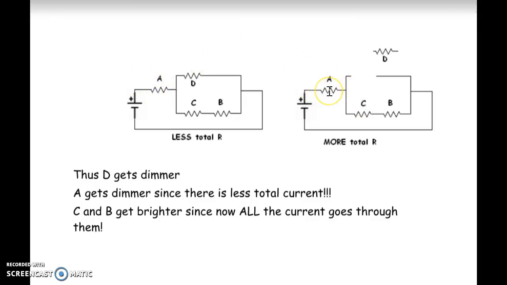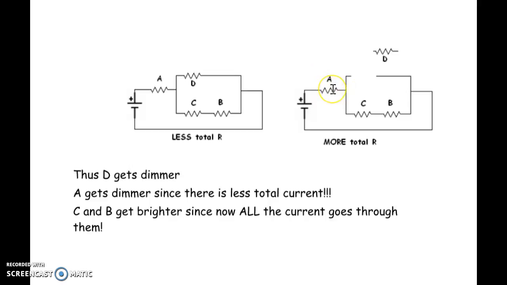A is going to see a very different amount of current now. Since we removed one of the pathways, the resistance became significantly bigger. So A is now going to be dimmer because there's less current going through the whole circuit. That's because we removed one of the possible pathways here.